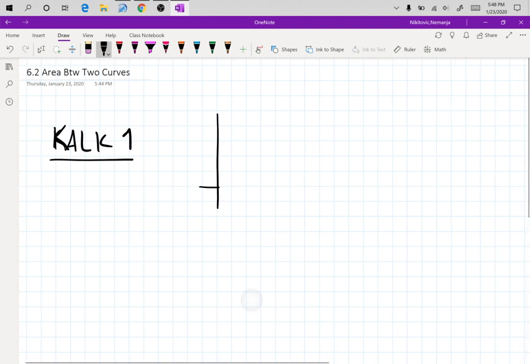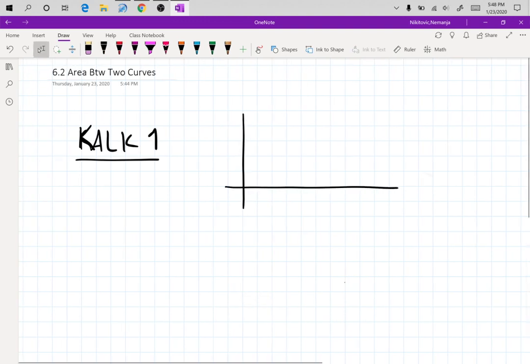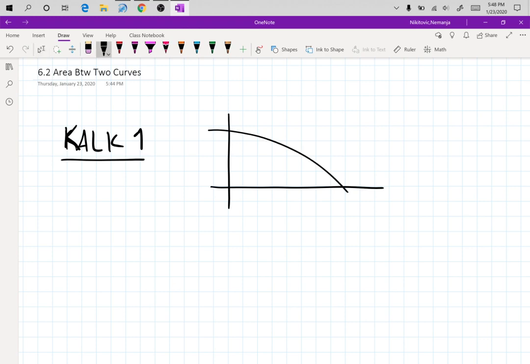When we have some kind of a function, some kind of a shape that we want to calculate the area of, that's our f of x, x-axis, y-axis, all of the stuff we know from before. What we said is that we can come up with a representative rectangle which will have delta x as its width, and the height of this rectangle will be given by f of some xi.